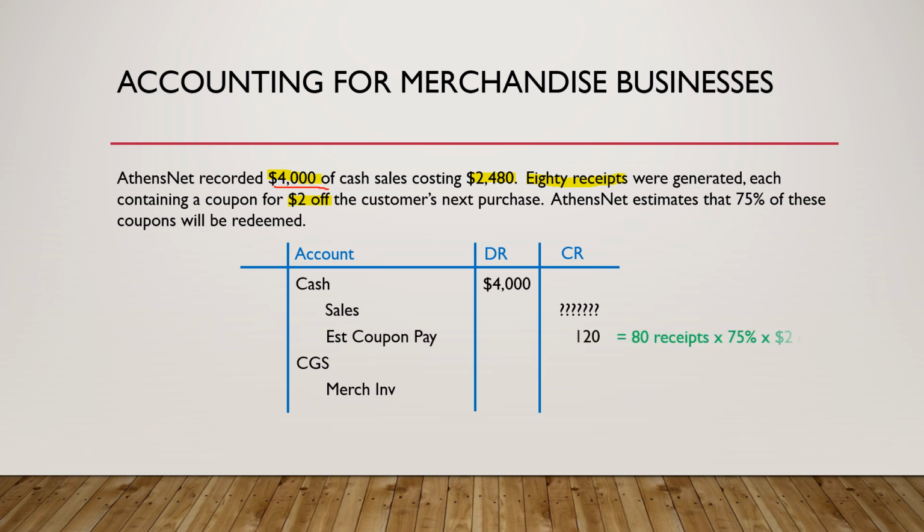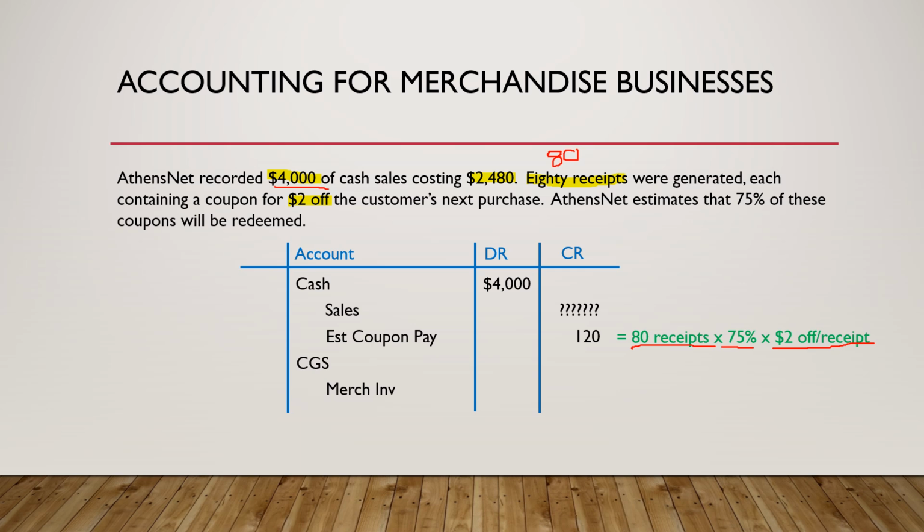How much? $120. Take the 80 receipts, multiply that by 75%, the portion of receipts with the coupons we expect to be redeemed, and multiply that by $2 off, the value of each coupon.